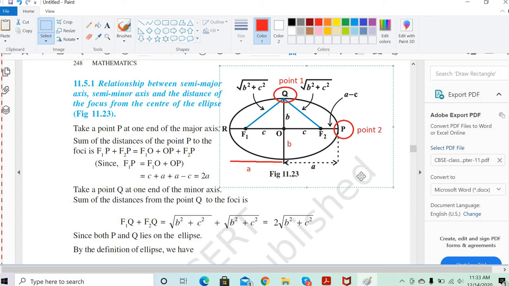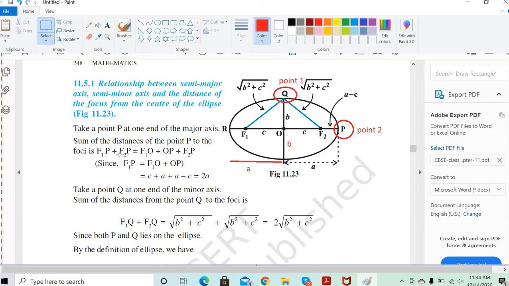A minus C. Excellent. Add these two together. So here also the sum of the distances of the point P from F1 and F2 will be constant, correct? So how much will you get? 2A. Excellent.